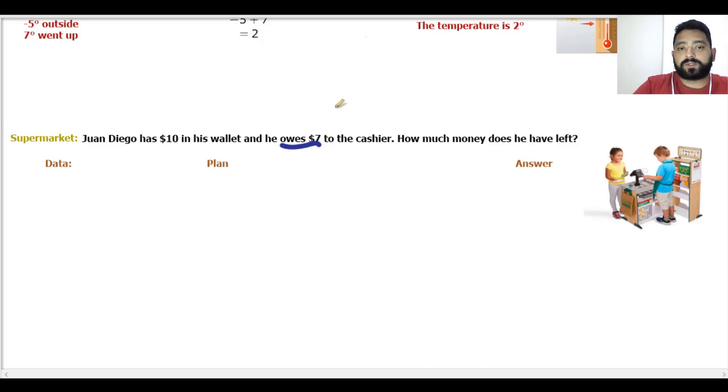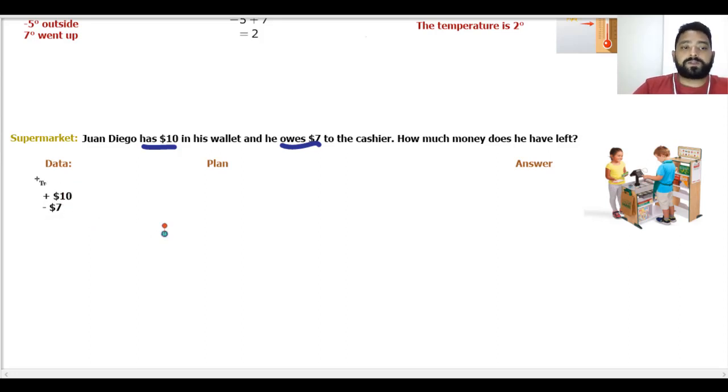Juan Diego has $10. That means a positive value. So how are we going to write it in the data? Positive $10, or just positive 10. We write it to remember our operation. And then we have owes $7, so that means negative, and we copy $7.